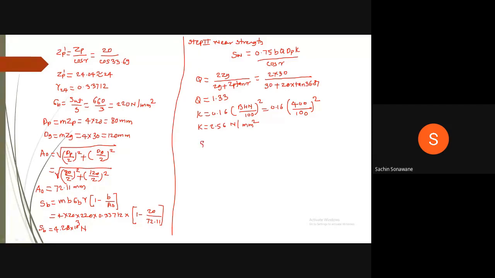Therefore, SW is equal to 0.75 into 20 into 1.33 into, what is the value of dp? 80 into 2.56 divided by cos of 36.87 degree. 5.10 into 10 raised to 3 Newton.